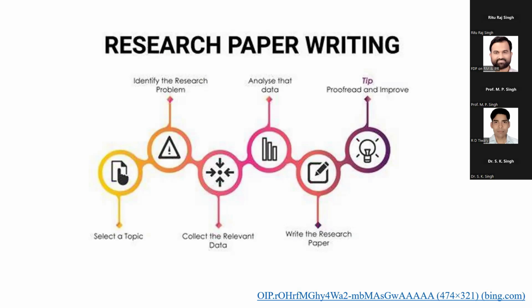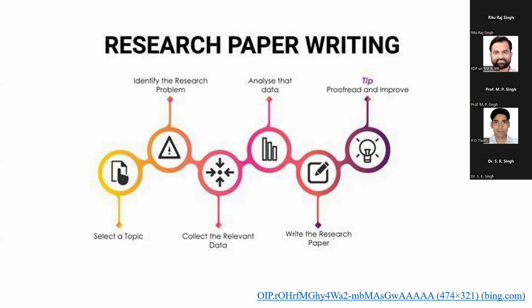Because finding the problem, unless you are extraordinarily intelligent or you are associated with some very good or big research group, where many research problems are already on the floor, and once you join that group, that group will assign some problem to you.